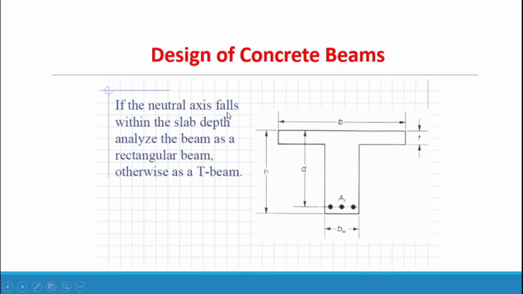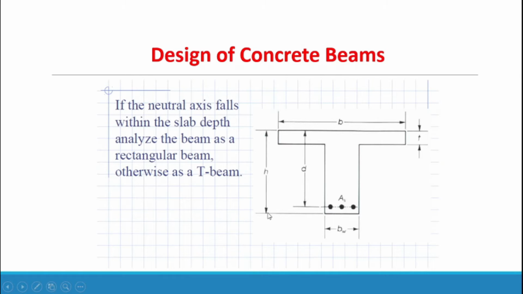If the neutral axis falls within the slab depth, analyze the beam as a rectangular beam, otherwise as a T-beam. So we have the depth of the slab. Once the neutral axis is within the depth of the slab, we will design as a rectangular beam. But if it falls below the depth of the slab, we will design as a T-beam.